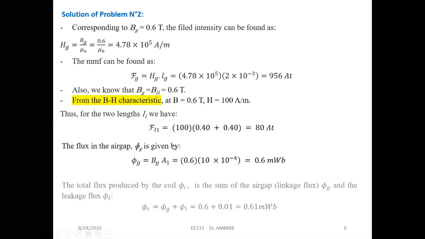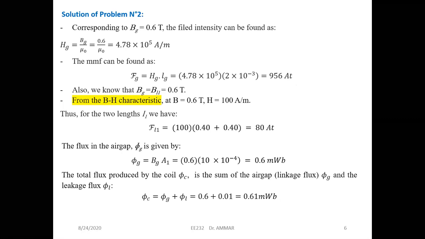Phi c is the total flux. We have the leakage flux in phi c, but we don't have it in L1. The flux in L1 is after the flux has gone, after the leakage flux has been taken already.